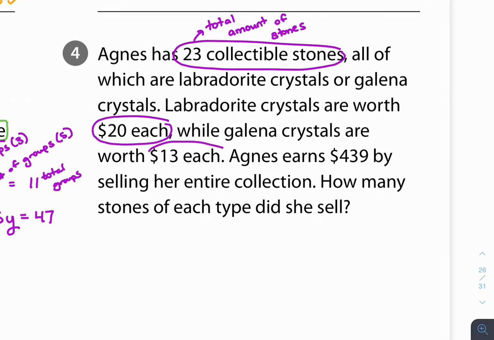Galena crystals are $13 each. And she earns $439 by selling her entire collection. So this $439 is the total worth or cost of her collection.